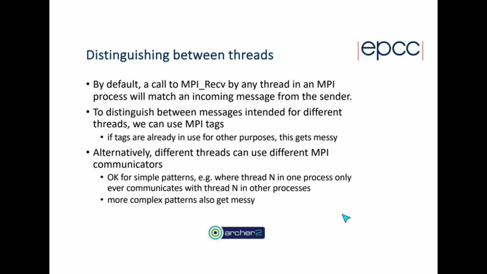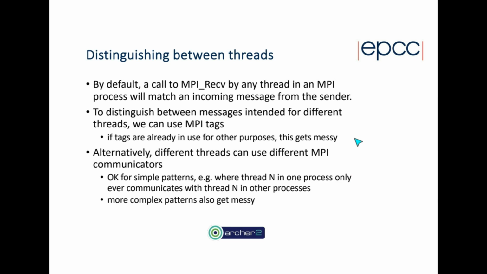Okay. So we can use the MPI tags for that. There's a tag field in the MPI call, which ensures that you can only receive a message that's been sent with the matching tag. But people use tags for other things as well, and you only get one integer worth of tag.